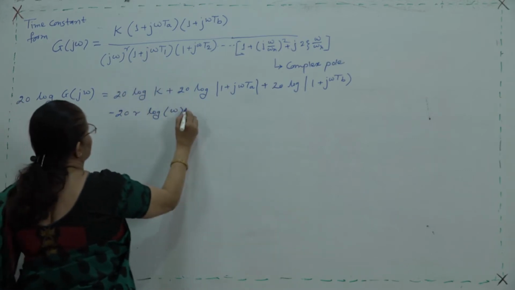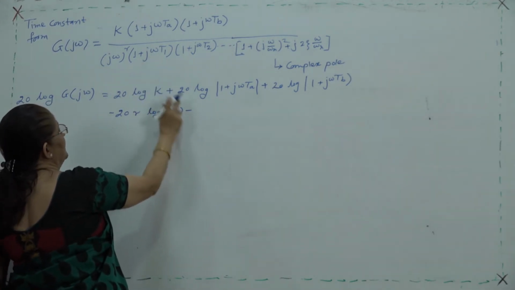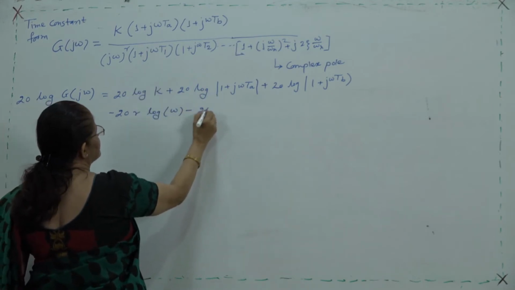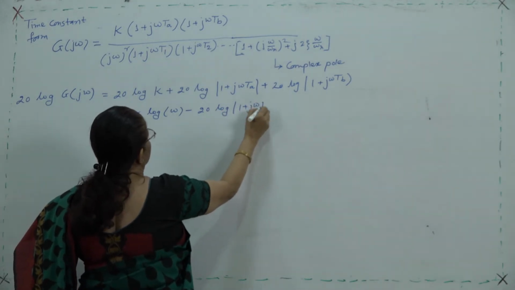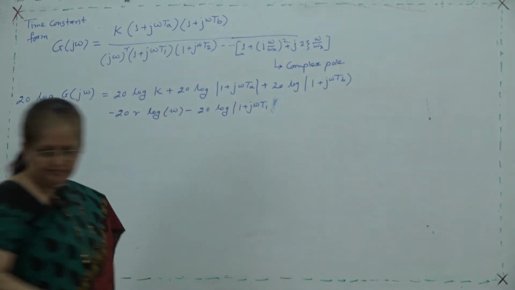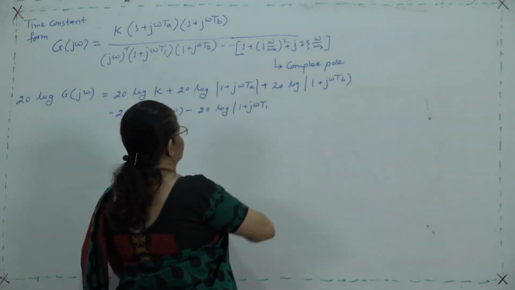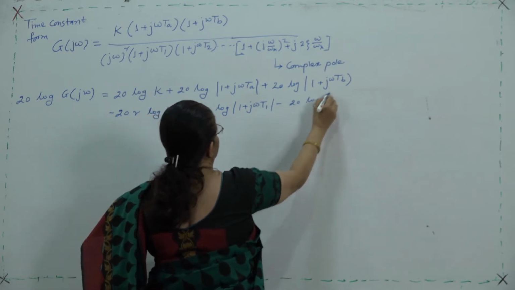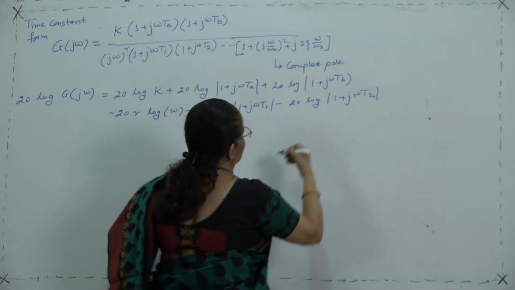For this, minus, because it is at the denominator, you will get a minus term. If it is at the numerator, you will get a plus term. So, for this we will write minus 20 log of absolute value of 1 plus j omega T1, minus 20 log of 1 plus j omega T2. So, like that, whatever the terms.